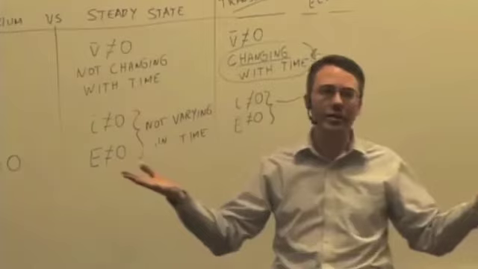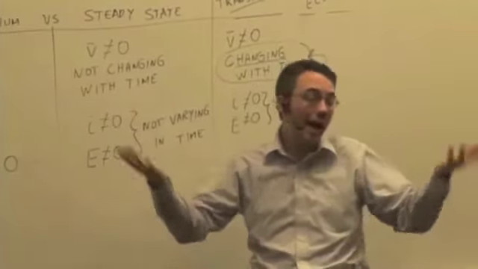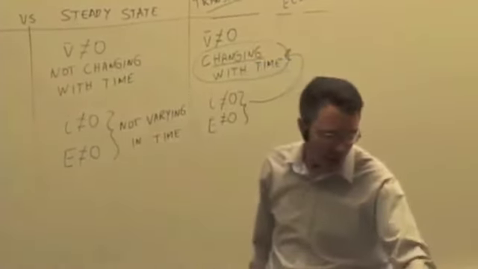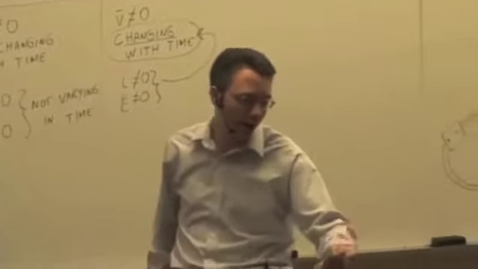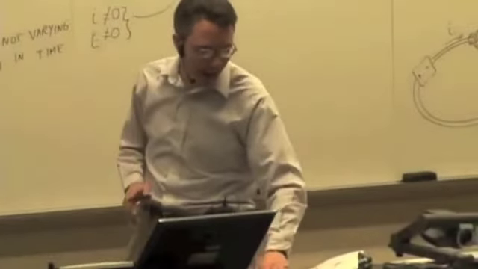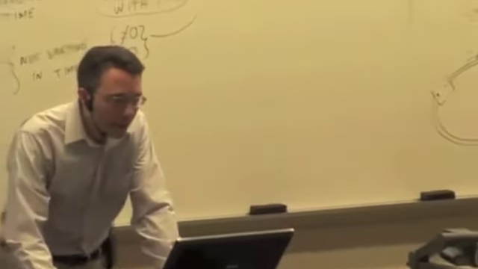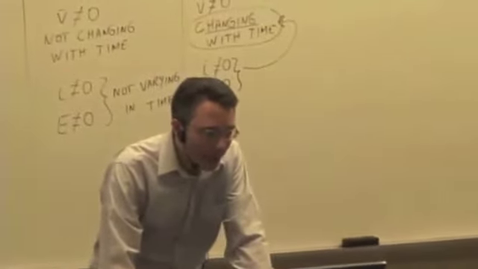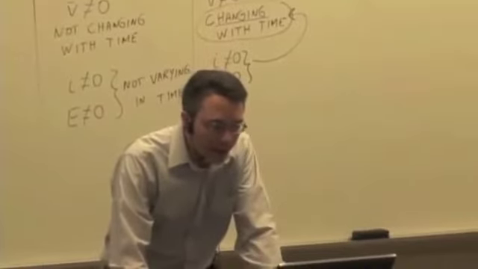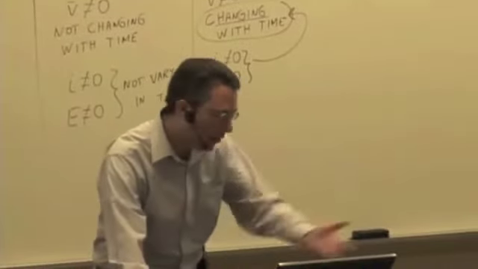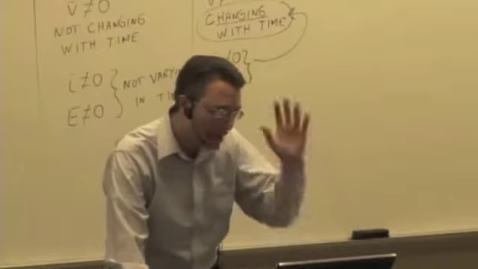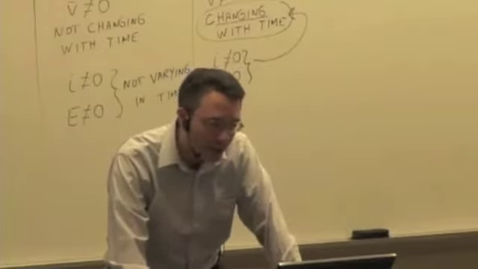What's delivering the energy? The battery. The battery is a source of energy here. The battery is doing work, and we'll quantify that next time or next week. But we're not getting something for nothing. We are converting energy stored in the battery into light that's being given off, but it's not the current that's being used up.